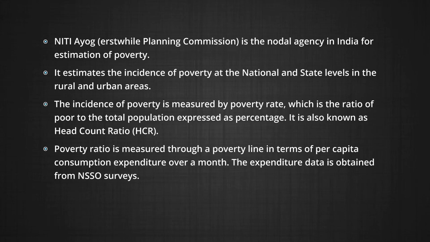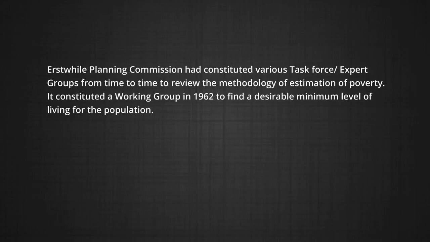Let us see that. Erstwhile Planning Commission had constituted various task force expert groups from time to time to review the methodology of estimation of poverty. It constituted a working group in 1962 to find a desirable minimum level of living for the population.